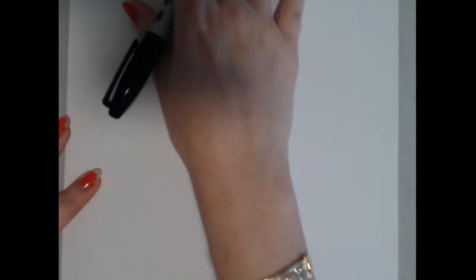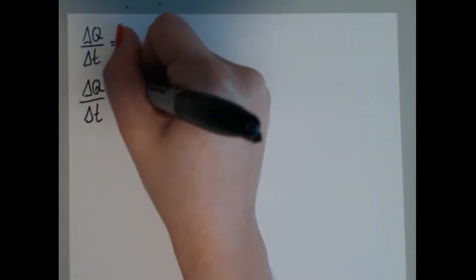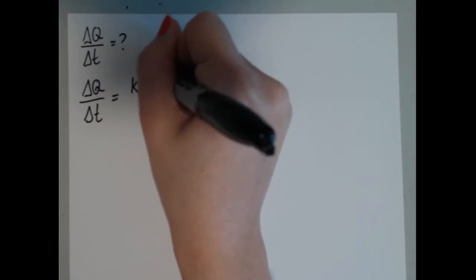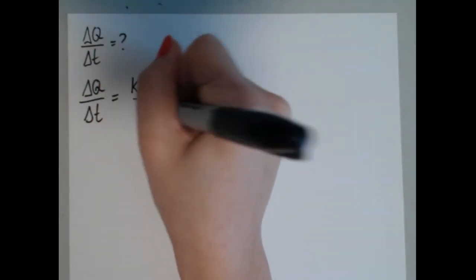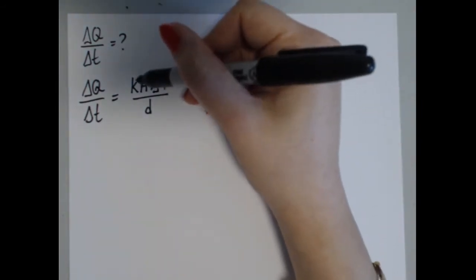Okay, so we are looking for the rate at which heat energy is conducted through. So that means we are looking for delta Q over delta T, what we just saw. Now, we also just saw the formula for calculating this. Delta Q over delta T is equal to K times A times delta T divided by D. Now, K, the thermal conductivity constant, depends on the material, right?